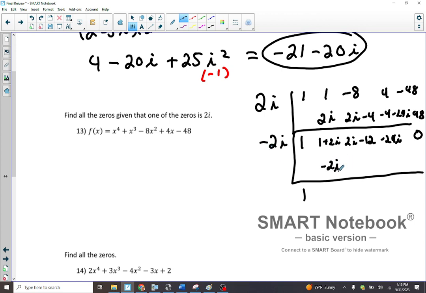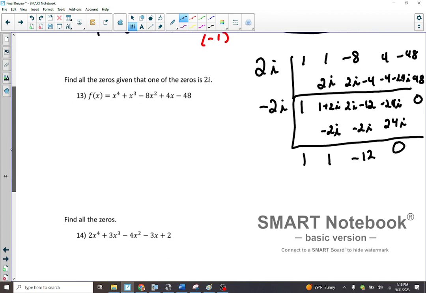Luckily, this part's easier. The 2i's cancel out, so it's a 1. It's always going to end up like this if you do it correctly. And then negative 12. Negative 2i times negative 12 is positive 24i, which cancels out to 0. Remember that will always happen. So we know 2i is a 0, negative 2i is a 0.